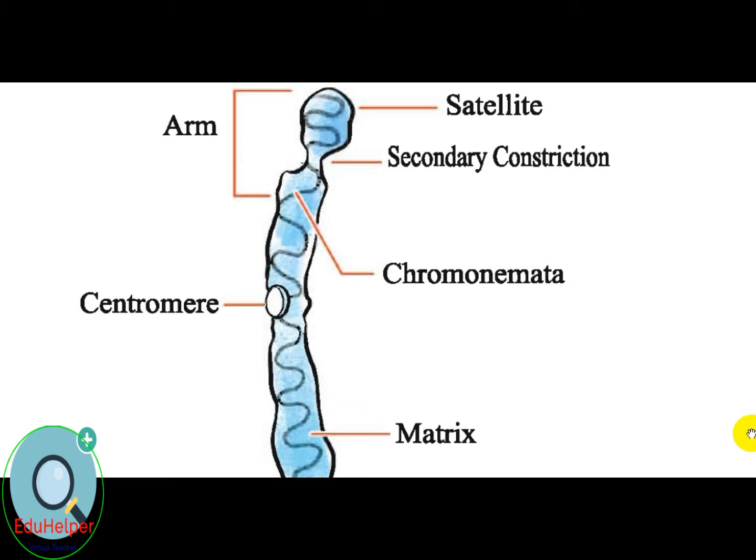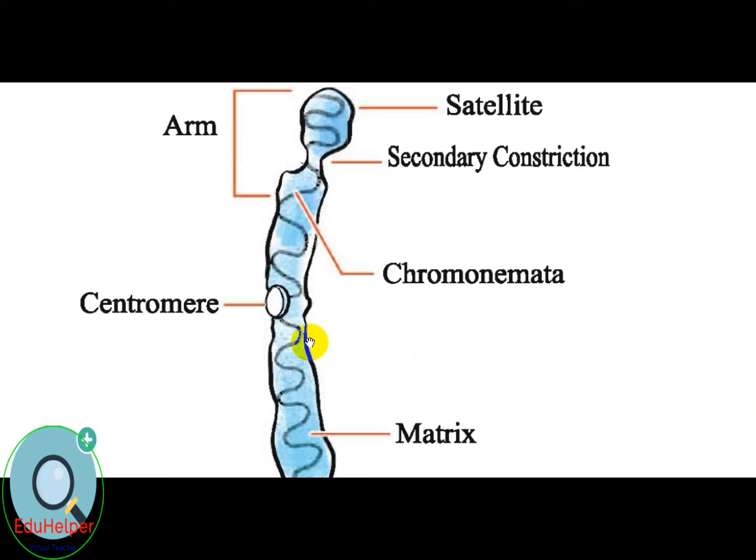The structure of the chromosome is very important. This is the outer layer, a thin but doubtful covering or sheet of the chromosome.